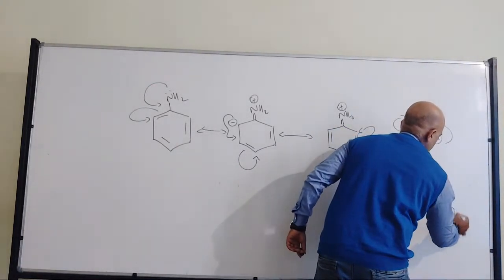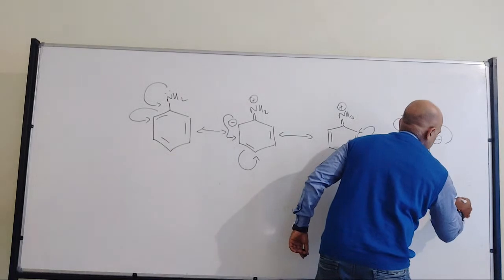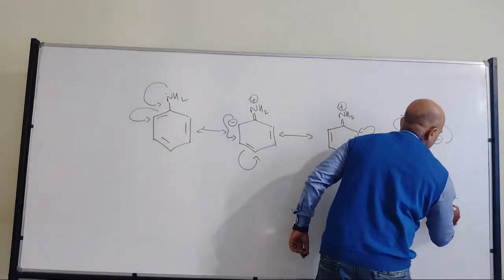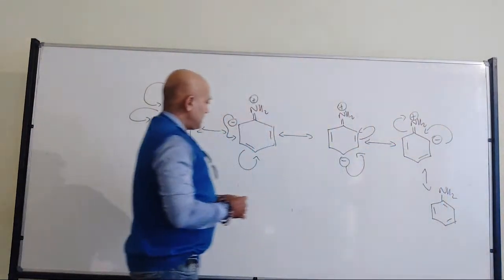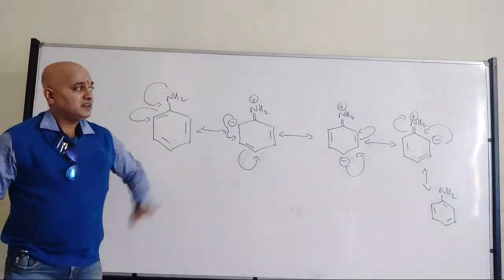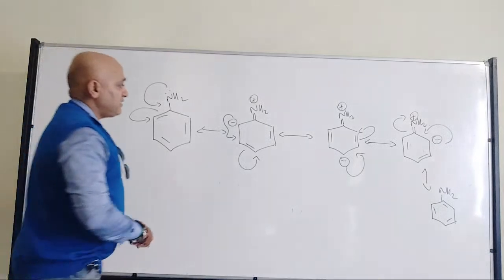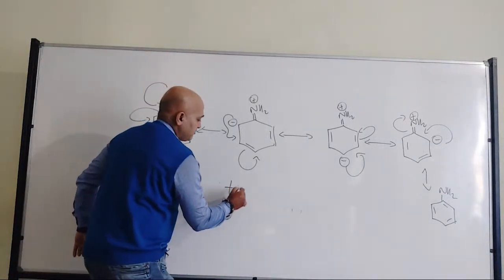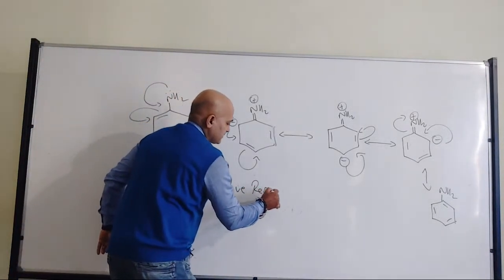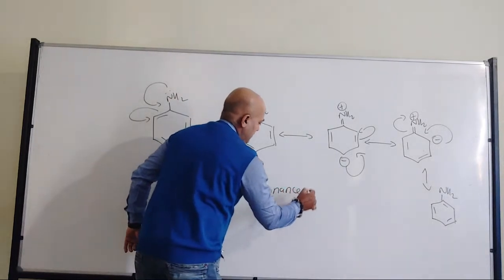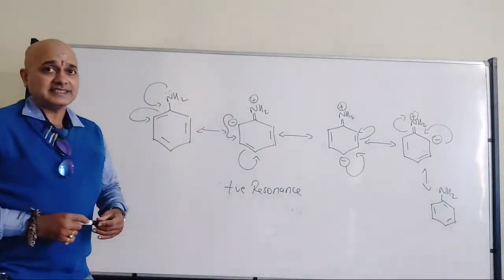So finally we will have NH2 with alternated double bonds. Right? So that's what we can see. The double bond has been changed. That's where we have the positive resonance effect.